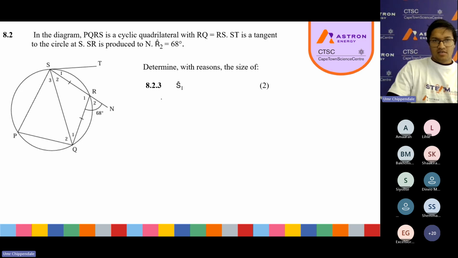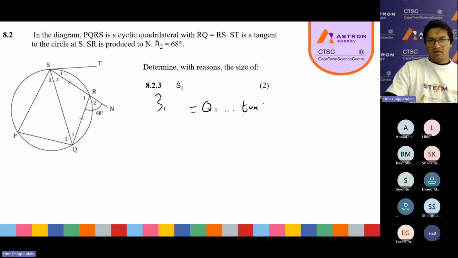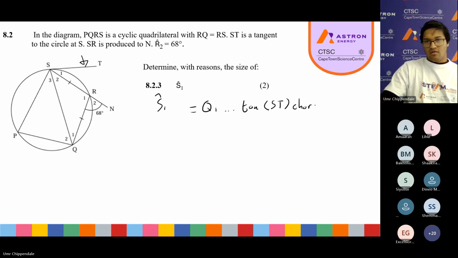So here we see our angle S1 is equal to our Q1. And why is that? Because we can say that is our tangent. So basically, I'll just refer to it as tan. But which line is our tangent? That's our line ST, which is this one over here. Chord. That's dealing with the tan chord theorem over here.